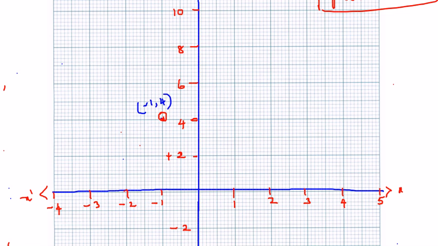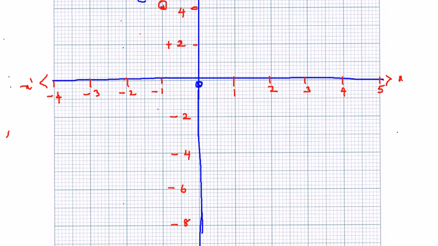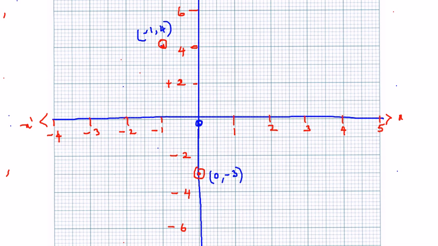Then the third point, 0 comma minus 3. If x is 0, y is minus 3. Minus 3 is somewhere over here, between minus 2 and minus 4. So we mark this point as 0, minus 3. The next point is 1, minus 6.